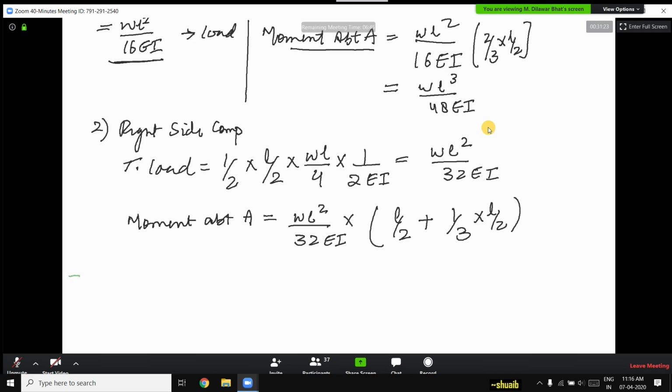Because you are calculating moment about A, that is why you have to add the L by 2 portion. Therefore, your moment about A is equal to WL cube by 48 EI. This is the total moment about A with regard to the right side component, which is the CB component.